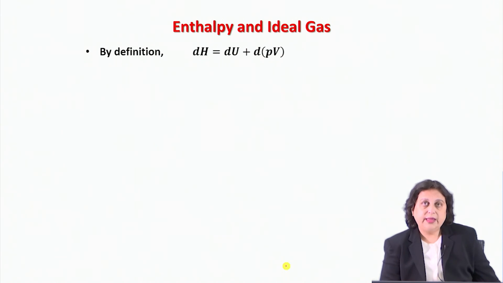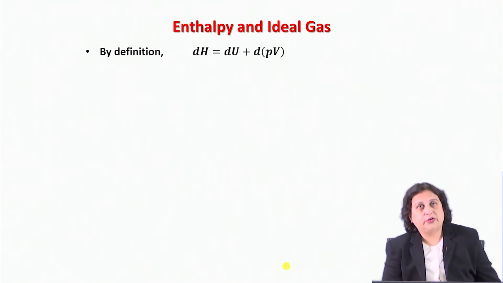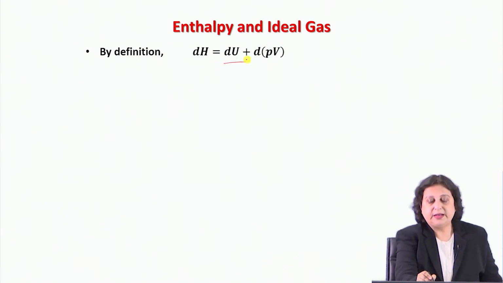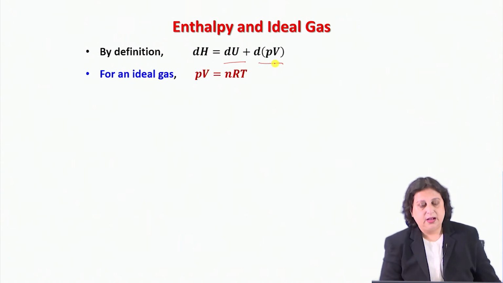Now that we have understood how to measure enthalpy for a given process, let us now go over and see how we understand the enthalpy of an ideal gas. So by definition, dH is equal to dU plus d of PV. For an ideal gas, I know that PV is equal to nRT, that is the ideal gas equation.